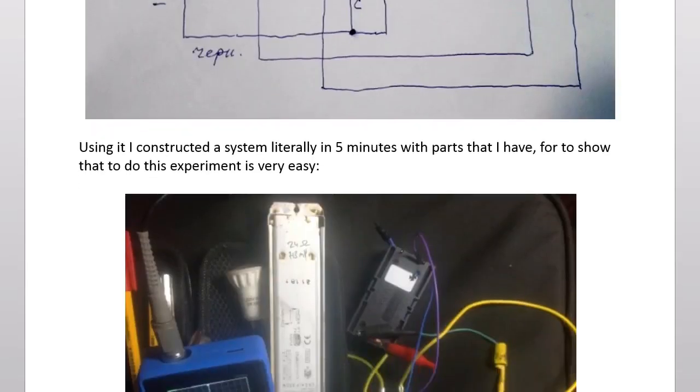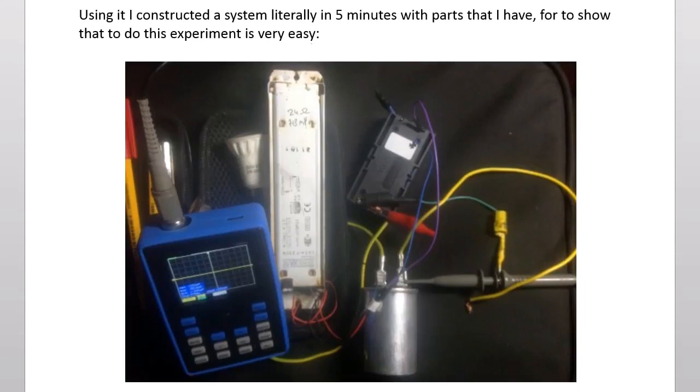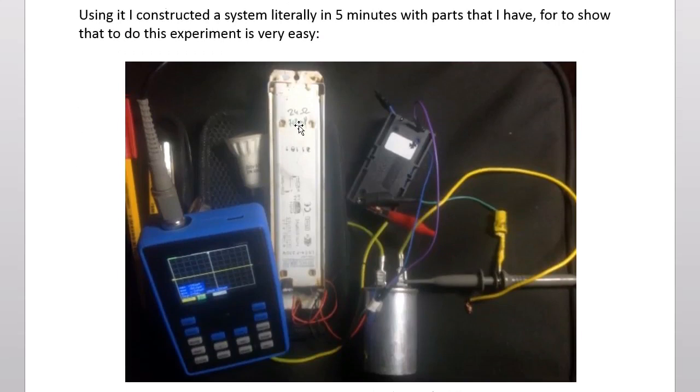Using it, I constructed a system literally in 5 minutes with parts that I have on my table, to show that this experiment is very easy to do. In my case, you can see an inductor from a fluorescent lamp, battery, capacitor, oscilloscope, and that's all you need to replicate this experiment.